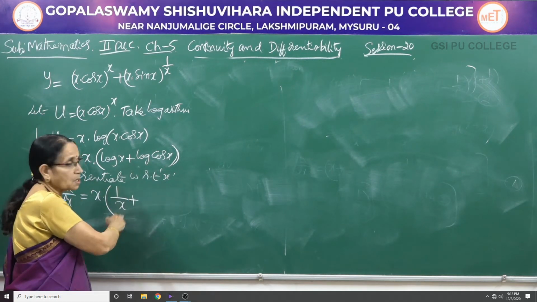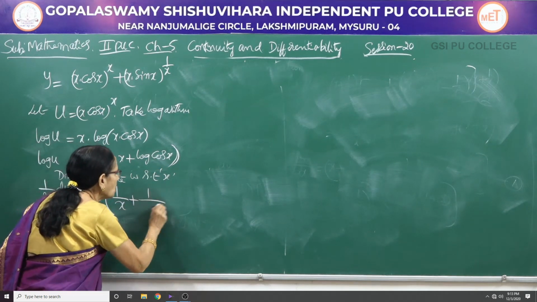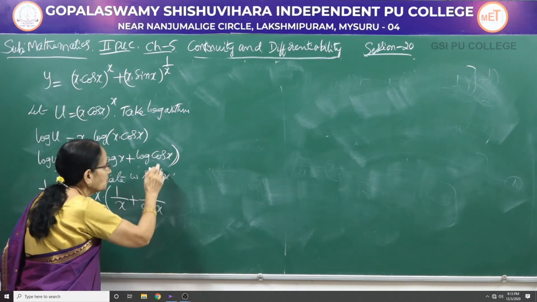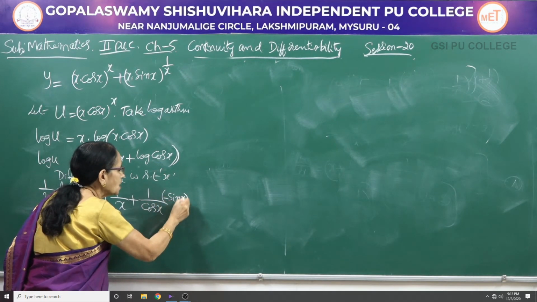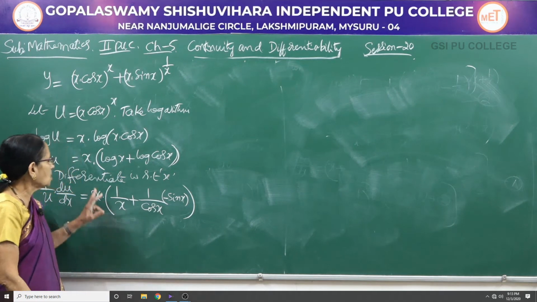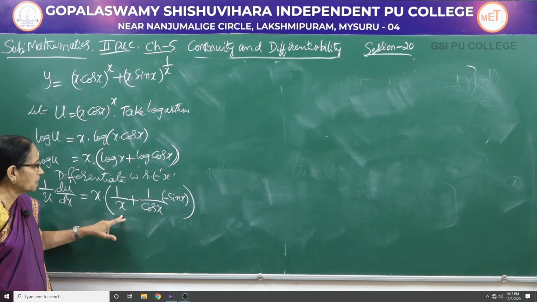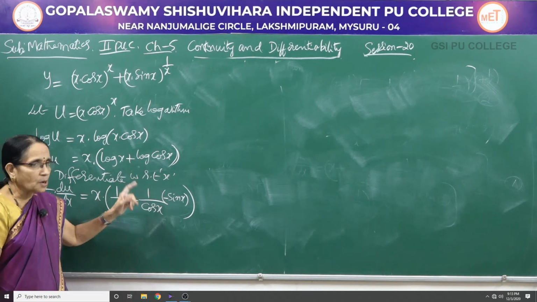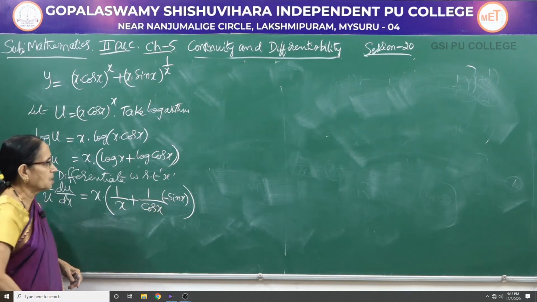Log of cos x is a composite function. It gives 1 by cos x, and for cos x the derivative is minus sin x. Close the bracket. So first function into derivative of the second: log x becomes 1 by x, log of cos x is 1 by cos x, and for cos x it is minus sin x.